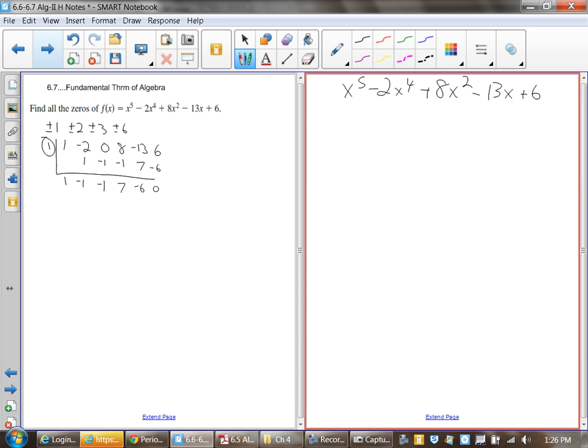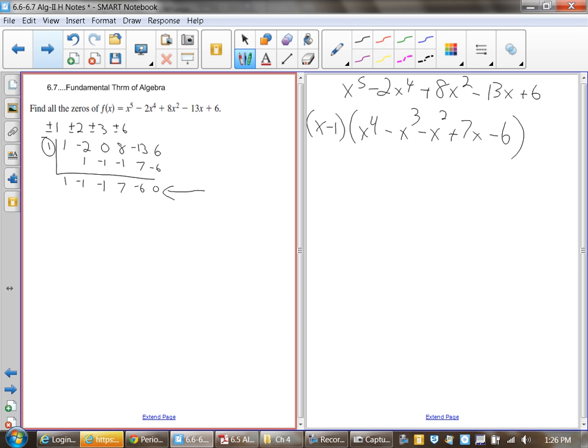If 1 is my 0, what's my term that goes in parentheses? Good, x minus 1. So right now we factor this to x minus 1, and then I'm left with x to the 4th minus x cubed minus x squared plus 7x minus 6. That's what this line is telling us.